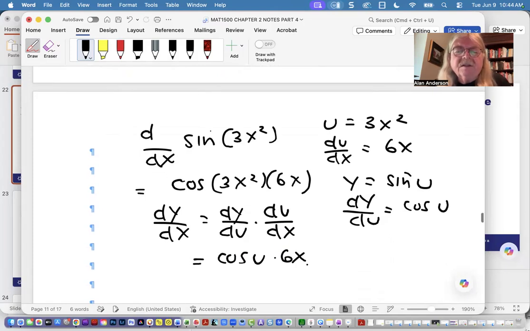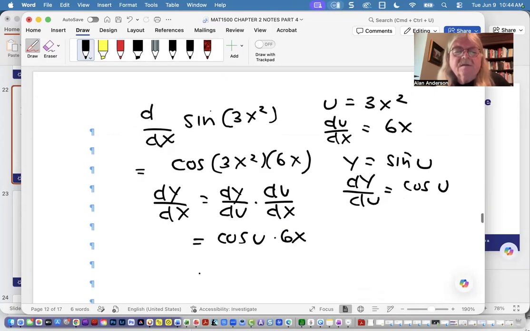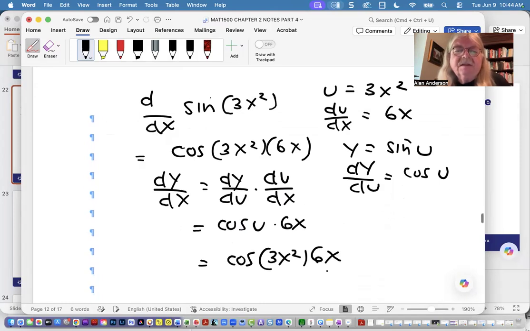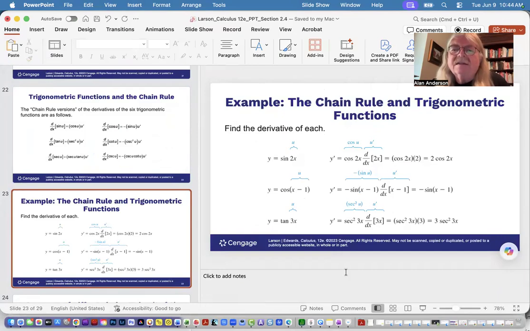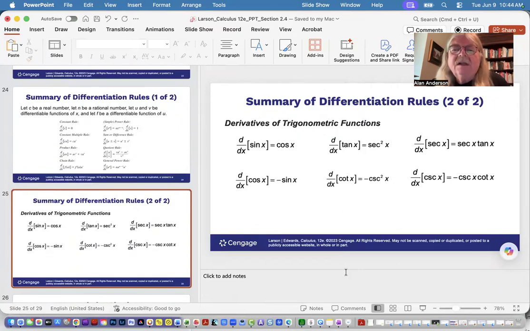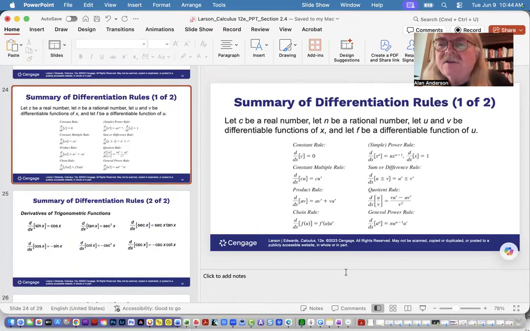So now we replace the u with the 3x squared, and we're all set. Again, you'll get better at this with practice. It seems like a lot right now. And then there's a chart where they suddenly introduced all those u's and v's on us.